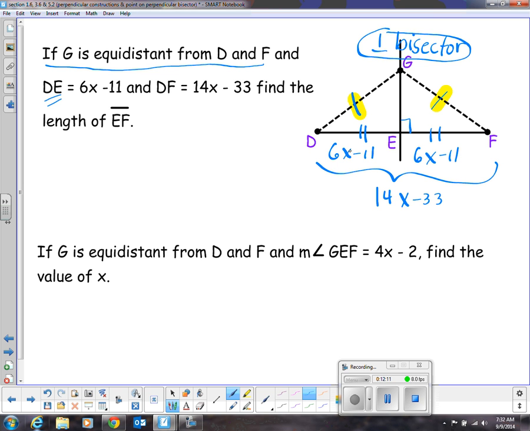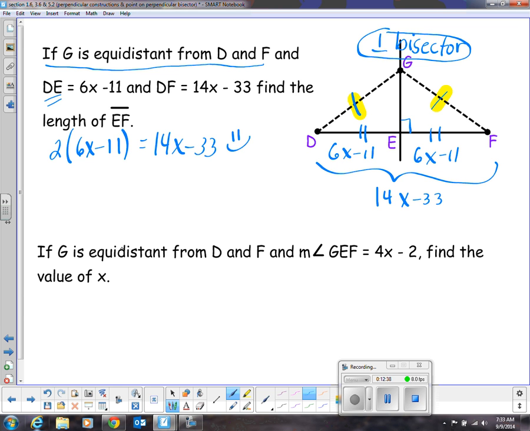So, Samantha, what equation can we write? Okay, so Samantha has chosen to double 6x minus 11 rather than add it to itself. Those are two different ways to do it. And I'm not going to solve the equation, but that's how we would work with it.